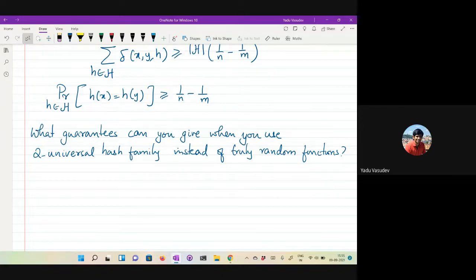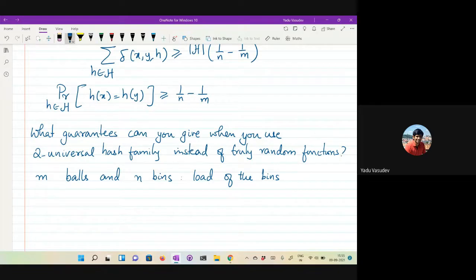So let's look at the case where you have, say, again, m balls and n bins, and you're interested in the load of the bins, both the expected value and the maximum load.